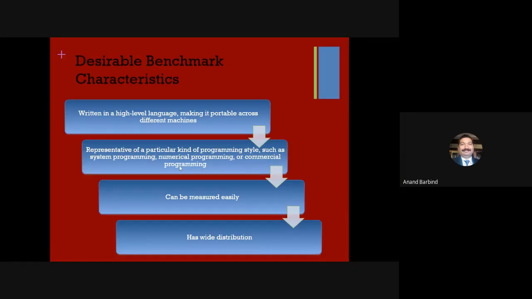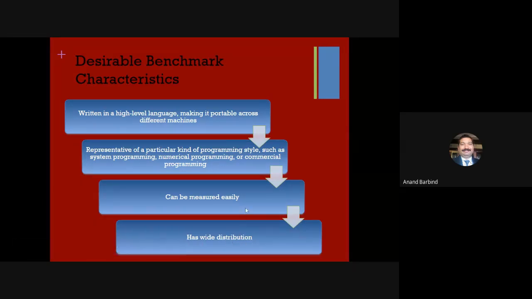The benchmark program should be in the category of system programming, or numerical programming, usually used for scientific purposes, or commercial programming, which is used in business. Then they can be measured easily: the execution time and other parameters should be easy to measure, and they have wide distribution.